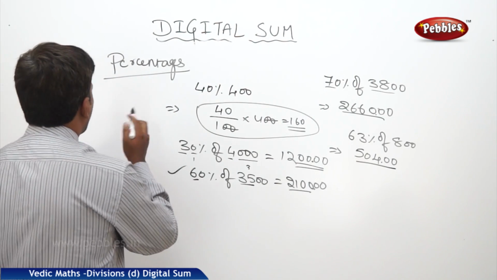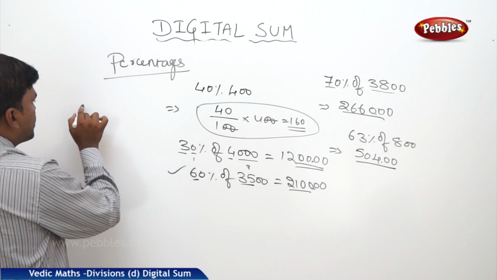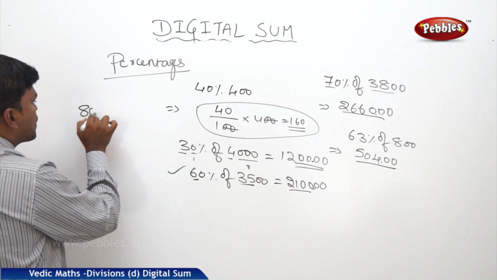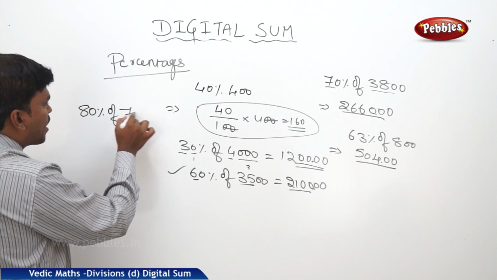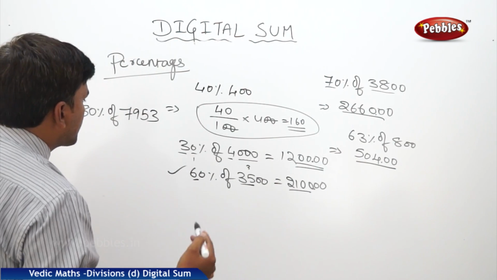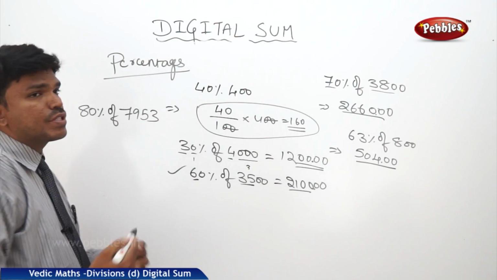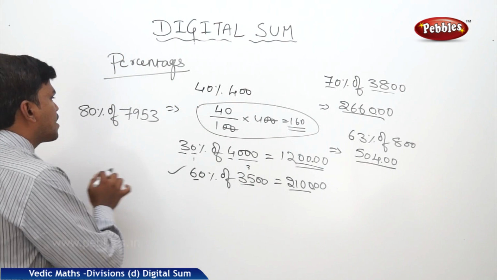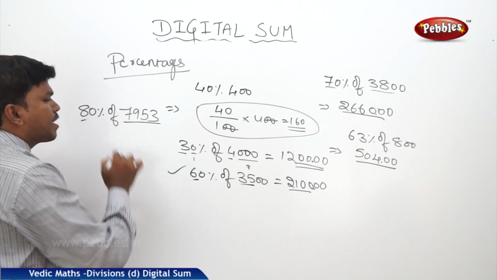And say one more example. Suppose I need some 80% of 7953. I need 80% of 7953. How will you do this one? Even this time also I will suggest the same thing. Multiply the entire number with 8.